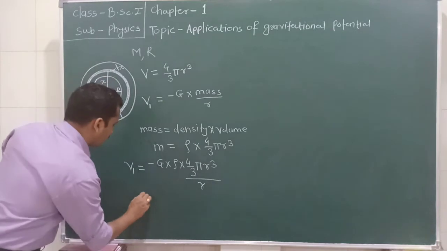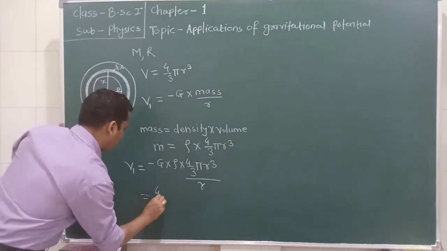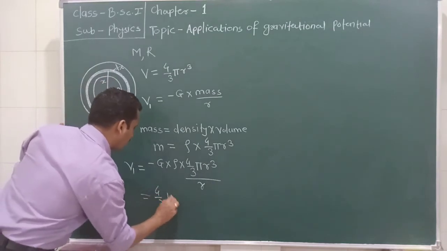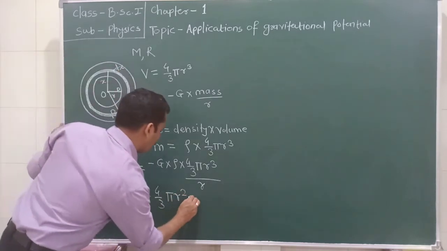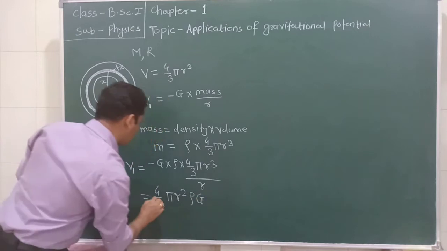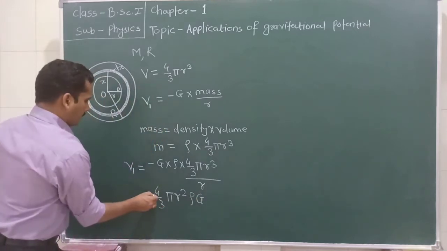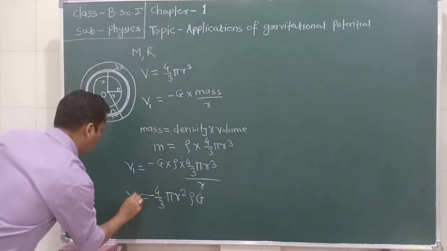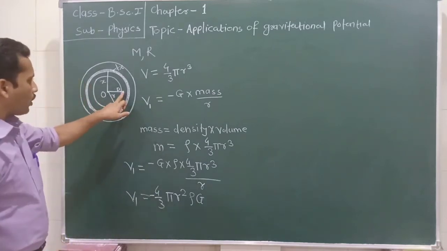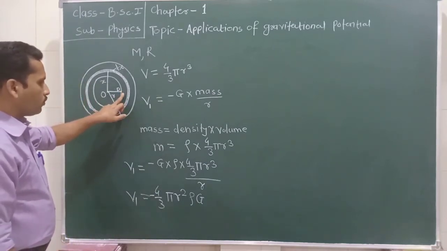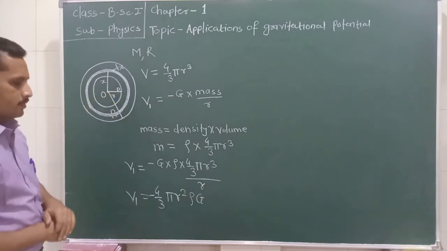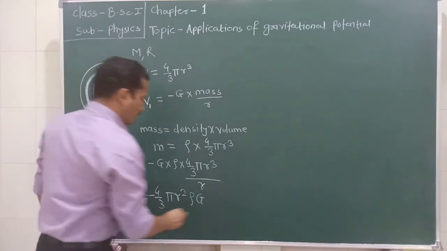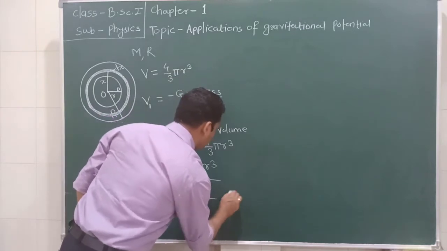So we can write here minus 4 by 3 pi r square rho multiplied by G. So this is the potential at point P due to this inner solid sphere of radius r. Consider this as equation 1.